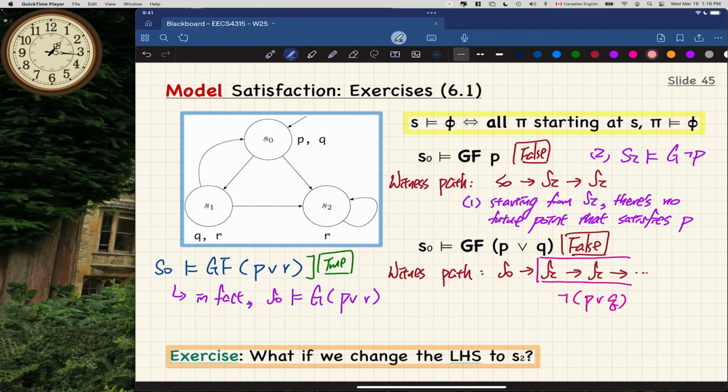That's one of the exercises, but that's okay. I think we can just show that by example. So there is a property over here. You guys can just note: if I know that some property is globally true, then it must be that it is infinitely often true as well. However, not vice versa.